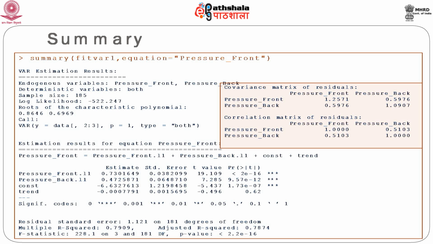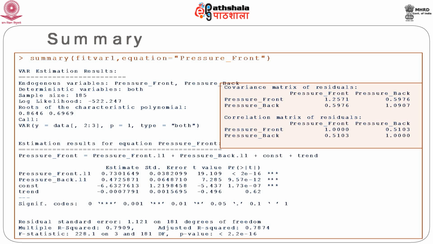It indicates the endogenous variables as pressure front and pressure back, the deterministic variable both, the sample size is 185, the log likelihood, and the roots of the characteristic polynomial are given here. This is the basic description of the model that was fitted.